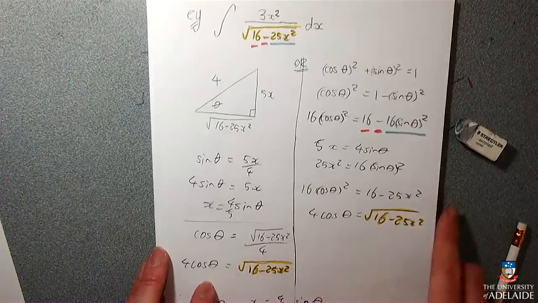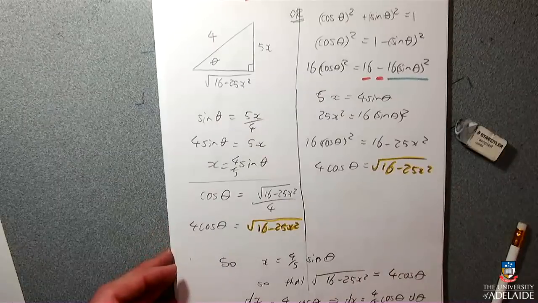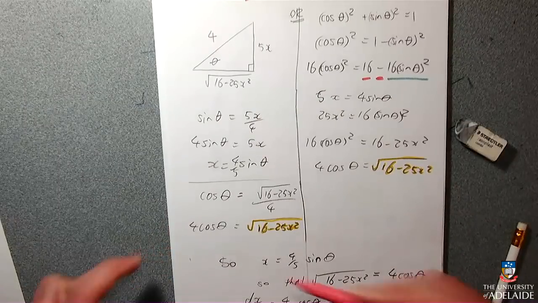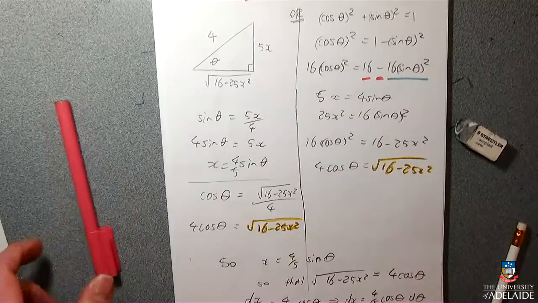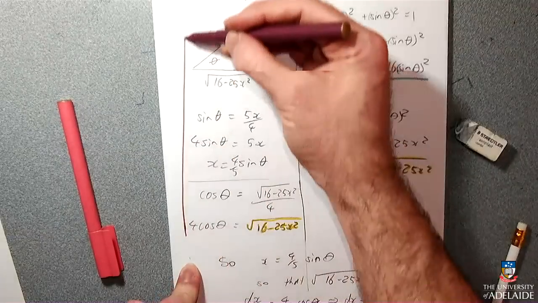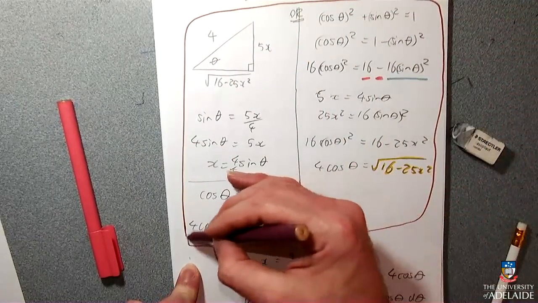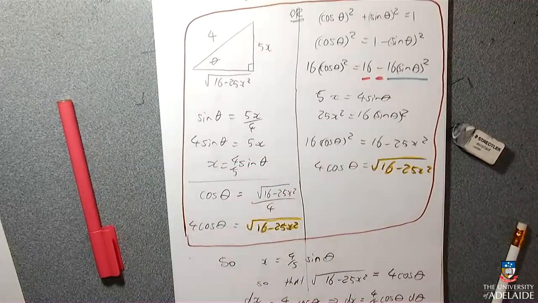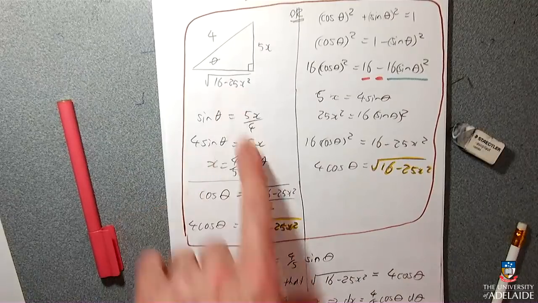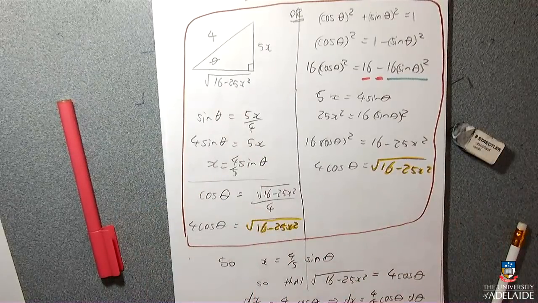So from the beginning, first I decided what substitution to do, using either a triangle or a trig identity, whichever one floats your boat. And I especially wanted to make sure that I dealt with what happened with the square root. That was the most important thing.